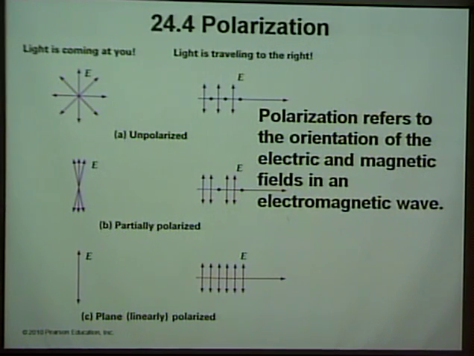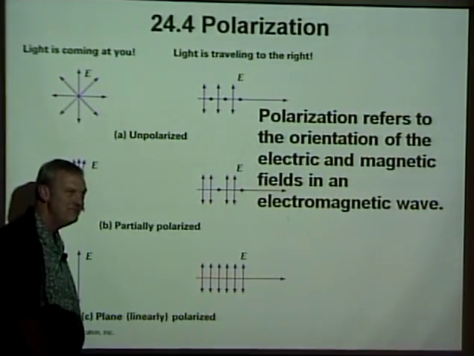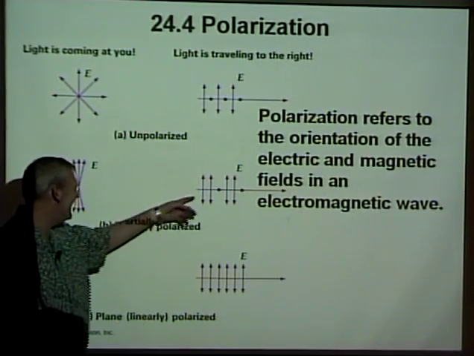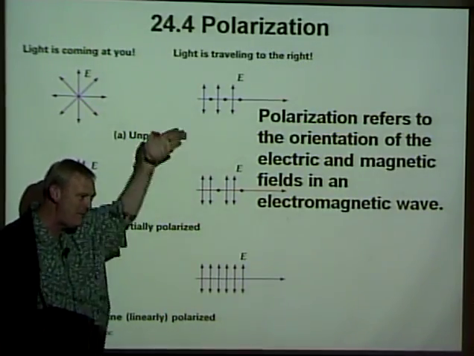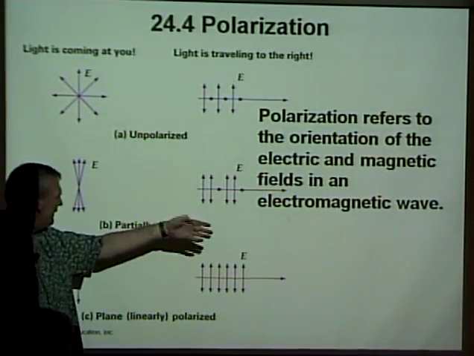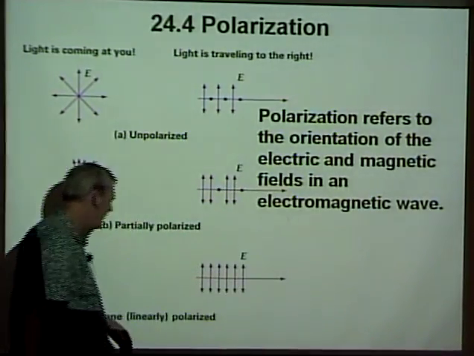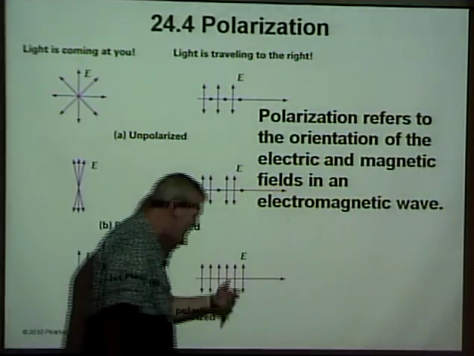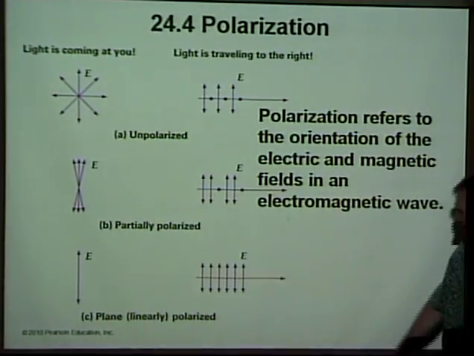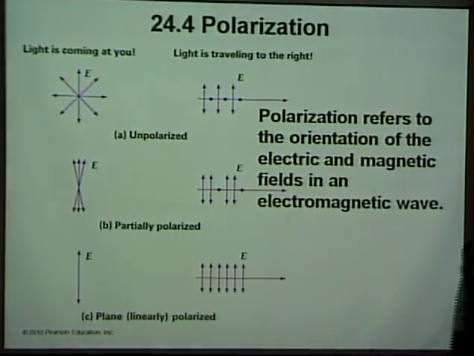If I partially polarize it, I don't mean being partial to one side. That means there's a lot more of just the straight up and down waves coming at me than the ones coming in and out like this. And then if I linearly polarize it, basically what I'm getting is just the electromagnetic waves going straight up and down.